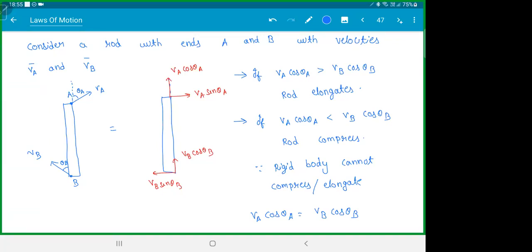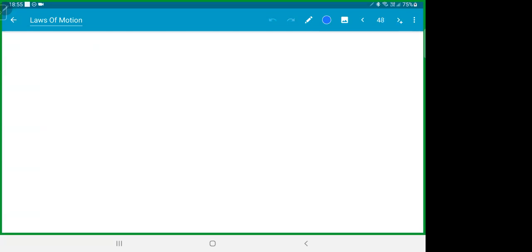Now, if I extend this concept here, can I turn the page? Everyone clear with this idea? So if I extend the same thing for a bigger body, the components of velocities along the line joining two points must be the same.